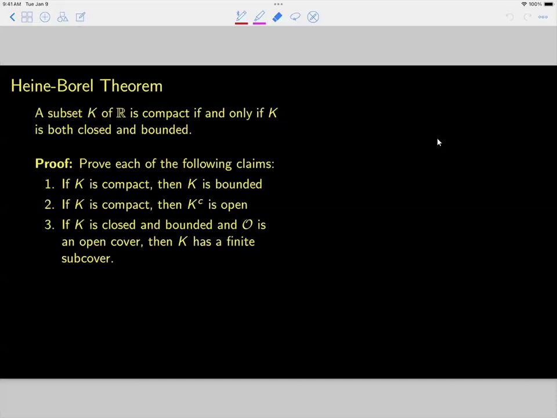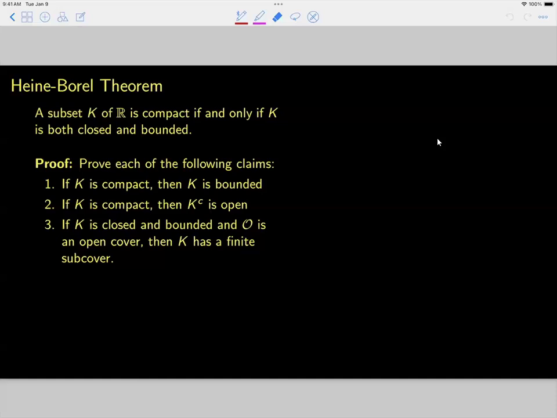So what this theorem tells us is that the compact sets in R are precisely the ones that are closed and bounded. Okay. And again, this is if and only if. So if a set is not closed, it cannot be compact. If a set is not bounded, it cannot be compact, right?